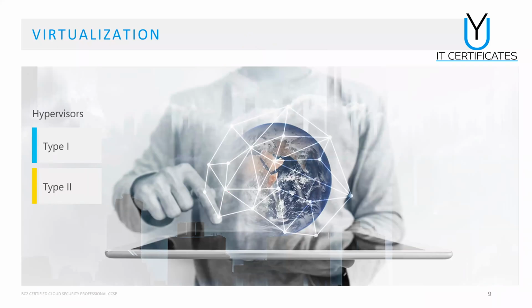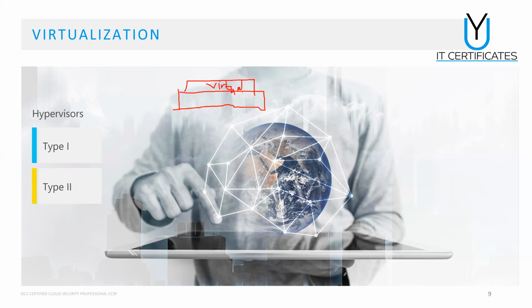As we mentioned yesterday, we have two types of hypervisor, type 1 and type 2. Type 1 is the hypervisor where you have the host, and the virtualization software is installed directly on the host.